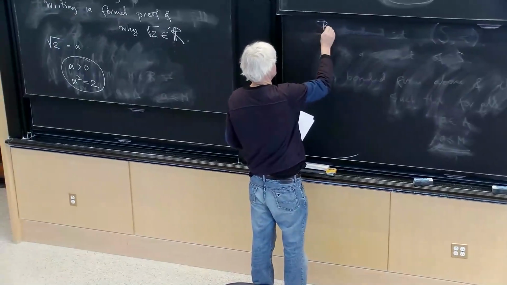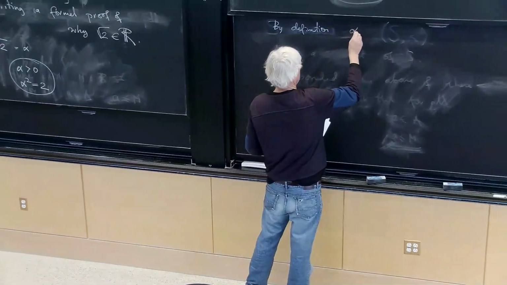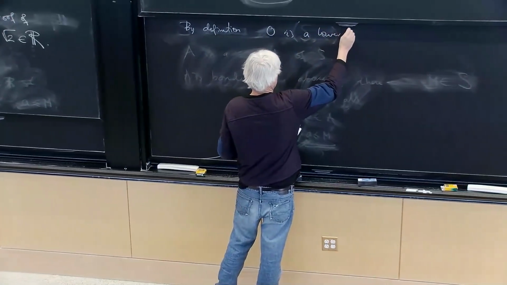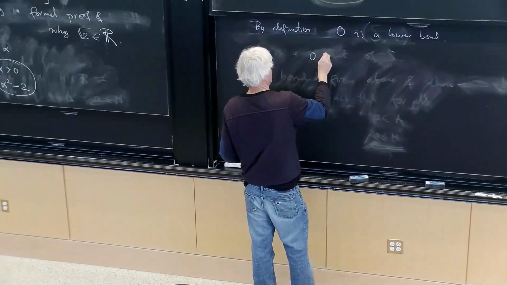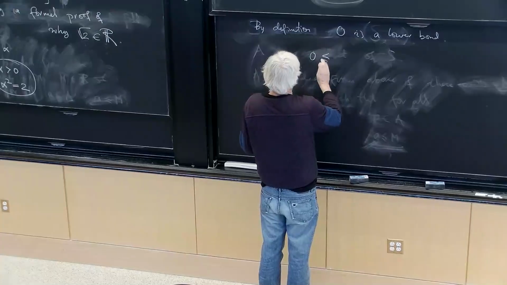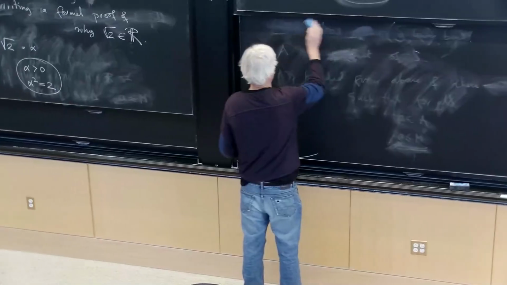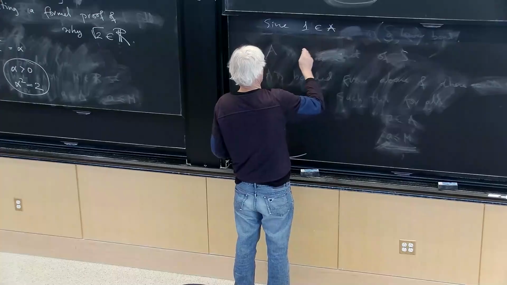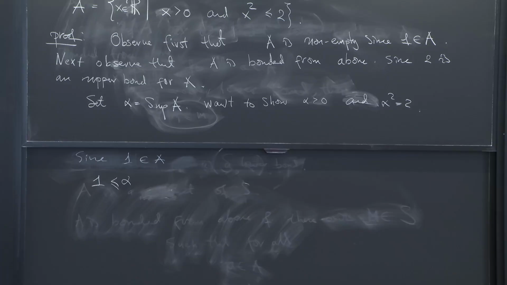So by definition, 0 is a lower bound. Actually, even 1 is a lower bound. Since 1 is in A, this alpha must be bigger or equal to 1, because it was supposed to be an upper bound for A.